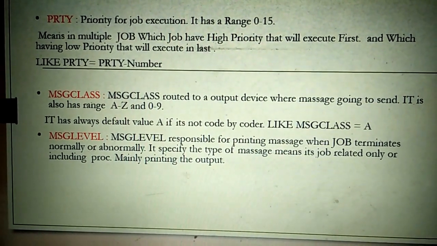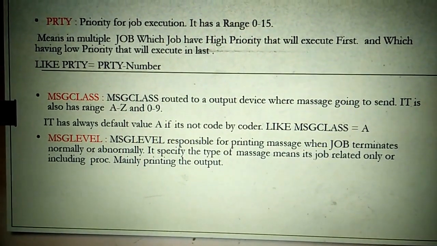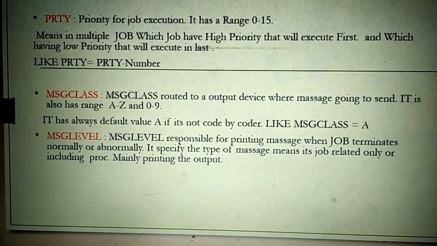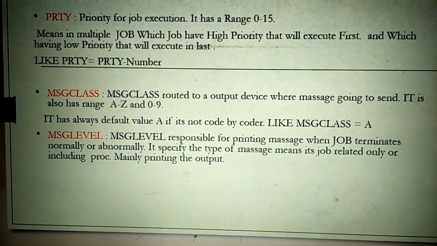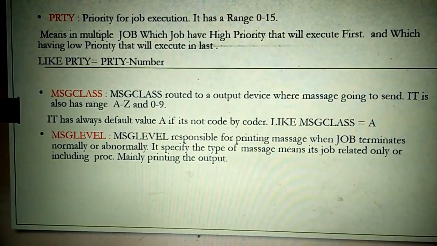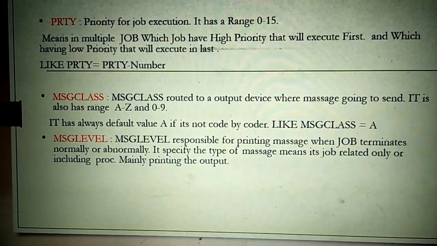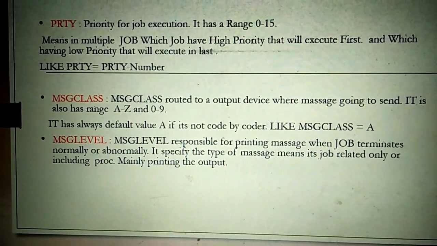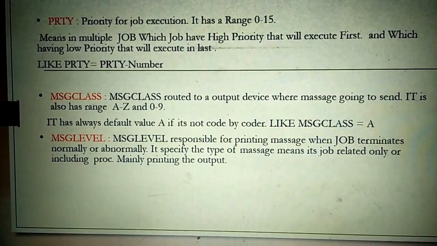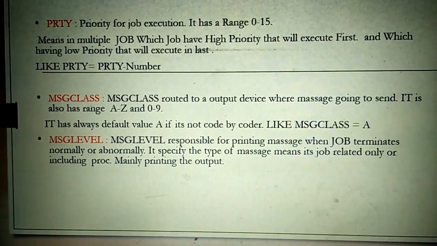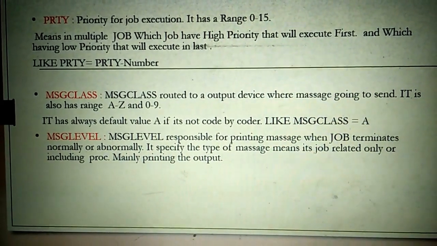So in the job card we give a priority for that job, not for the step, sorry, for the job, so it will get first priority. The syntax is PRTY=priority number, from 0 to 15, for example priority 1, 2, 3, 4, 5.